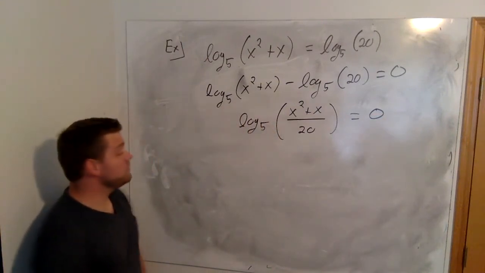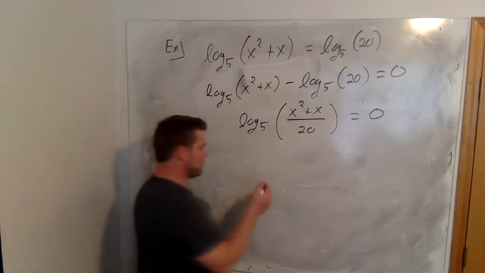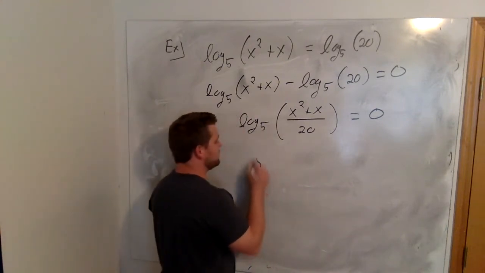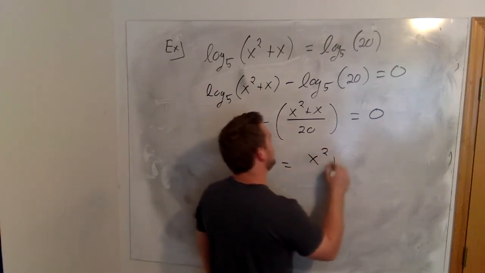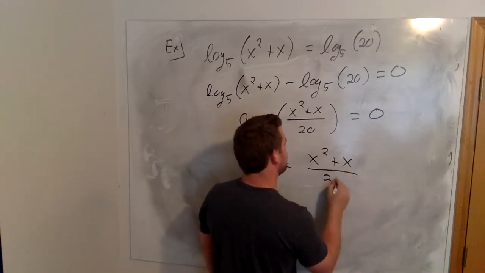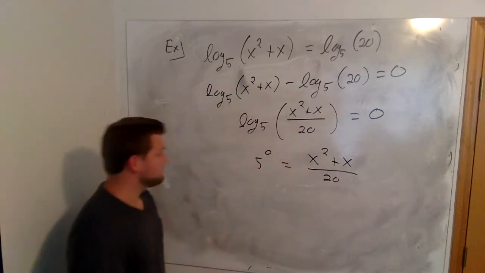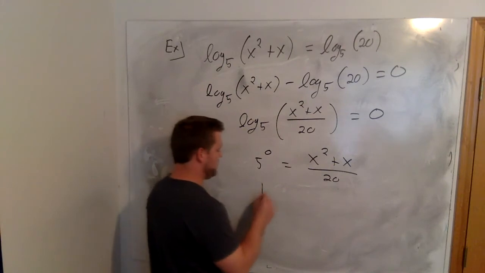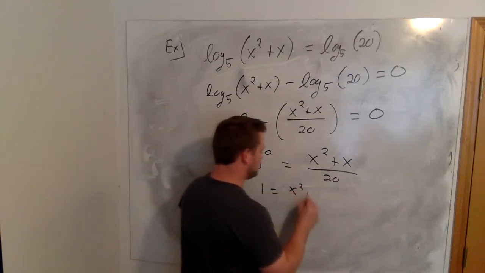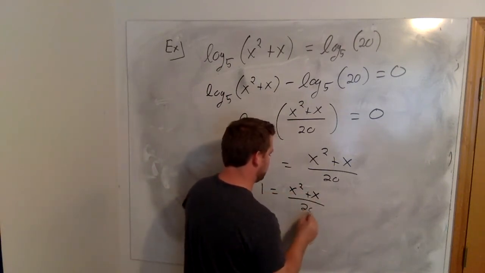From here, we could write this in exponential form. So this would be the same thing as 5 to the 0 will be equal to x squared plus x all over 20. 5 to the 0 is the same thing as 1. So we have 1 will be equal to x squared plus x all over 20.